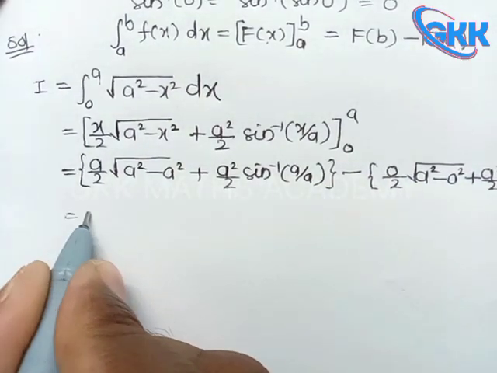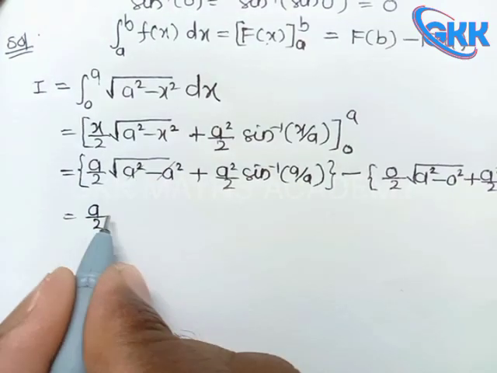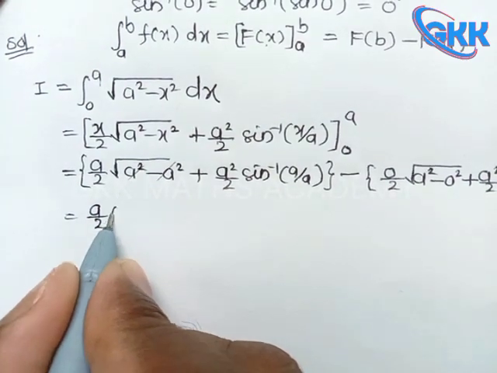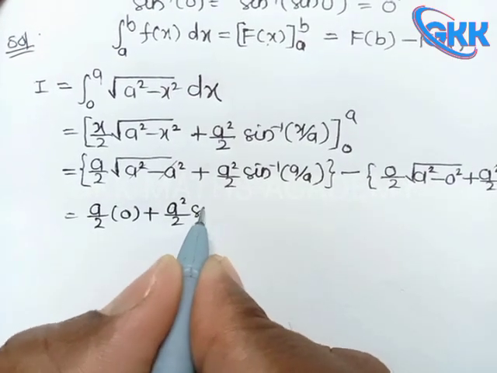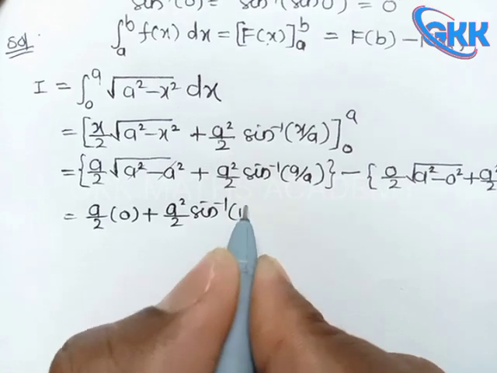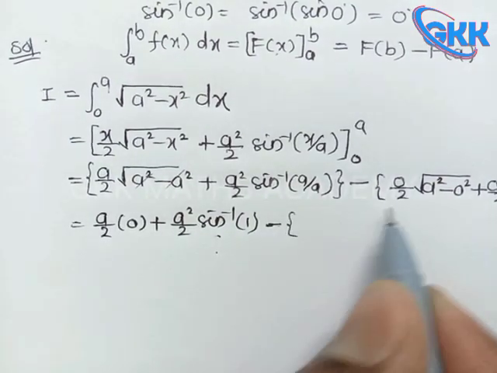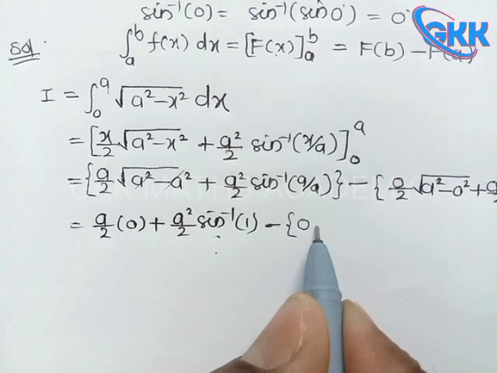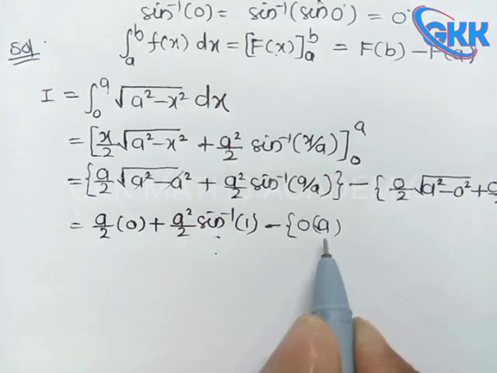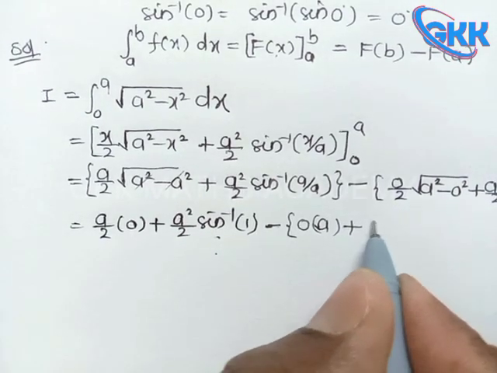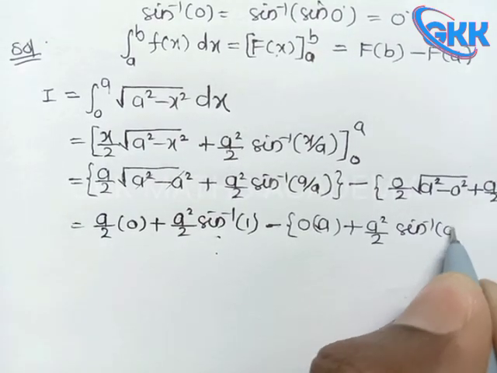Now a square minus a square gets cancelled, the square root of 0, what will we get? 0 plus a square upon 2 sine inverse 1, minus, this is upper limit, the lower limit is 0 times a, plus a square upon 2 sine inverse 0.